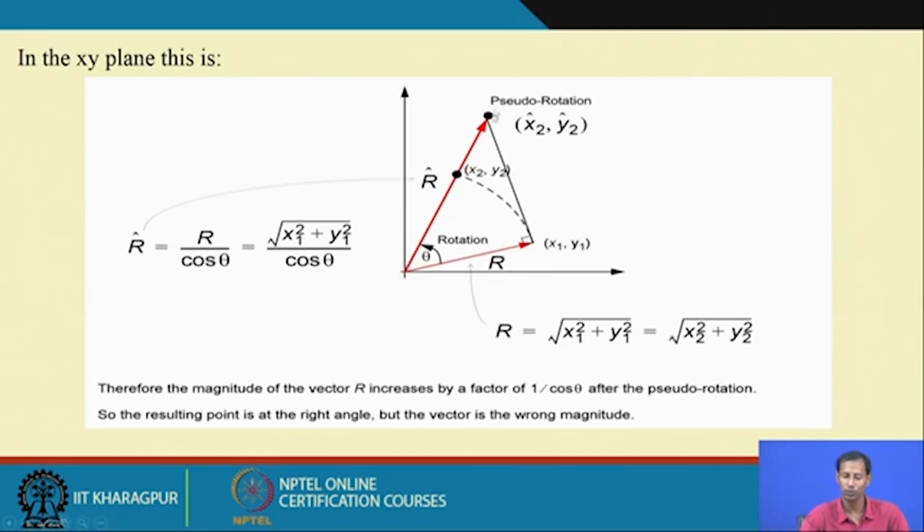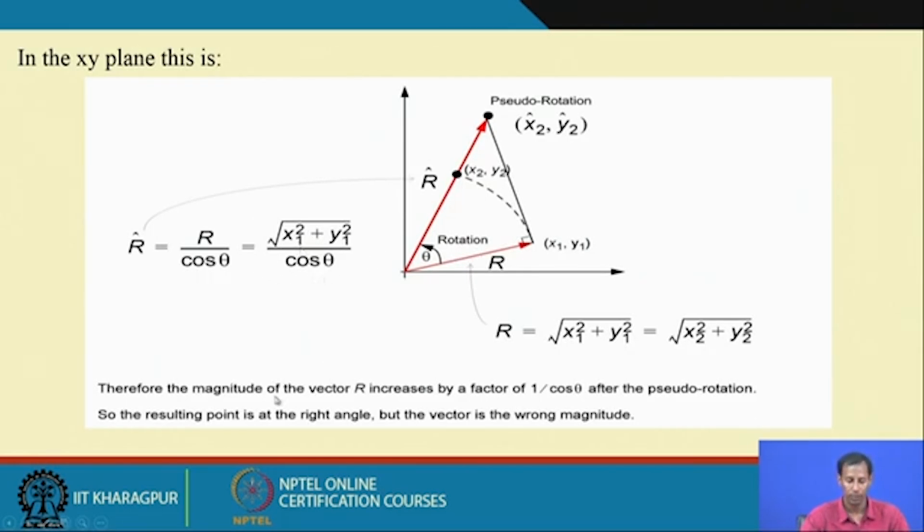So that means now r dash will be, because of the pseudo rotation, this r cap will be r by cos theta. r is nothing but the square root of x1 square plus y1 square, divided by cos theta.